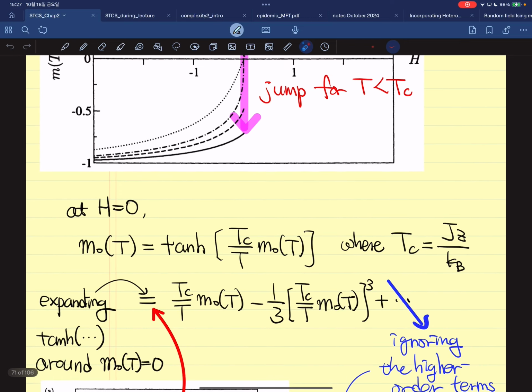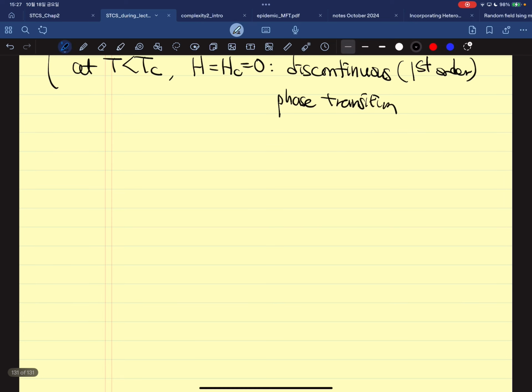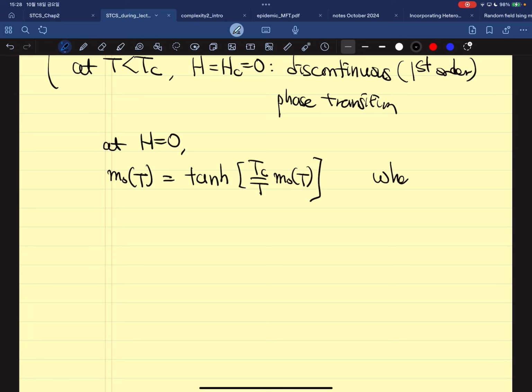And one thing we can do, which will become very important when we deal with the more general formalism, the so-called Landau theory of phase transition. Let's take this case, the tangent hyperbolic. You already learned this example where Tc is this.